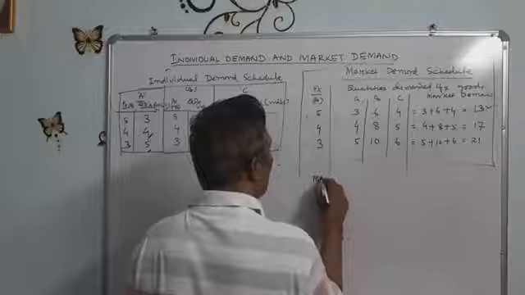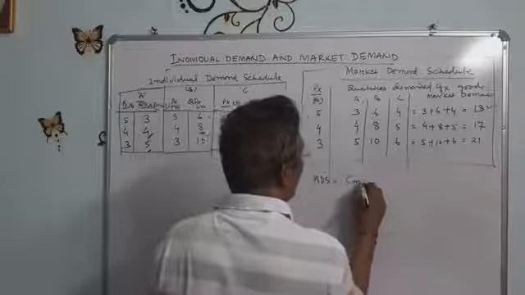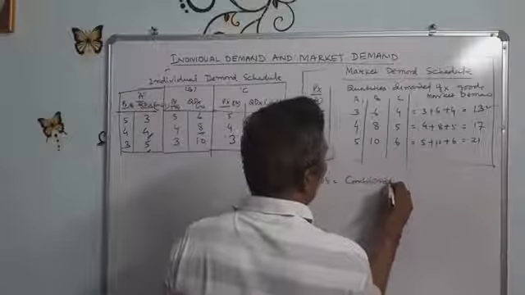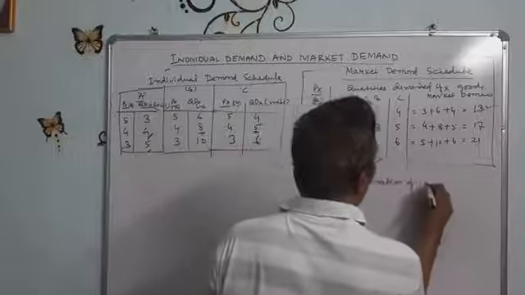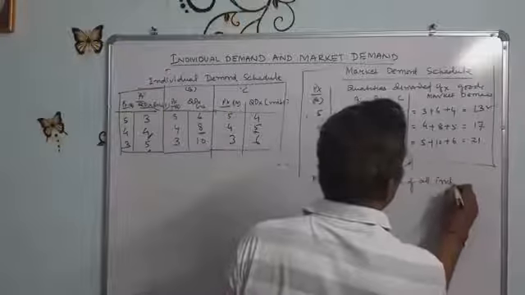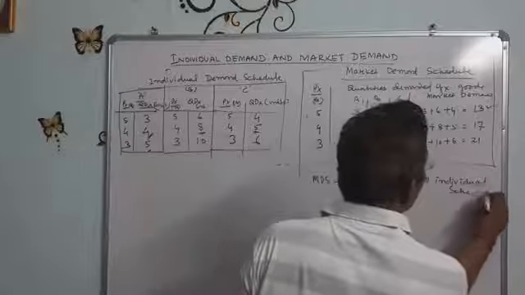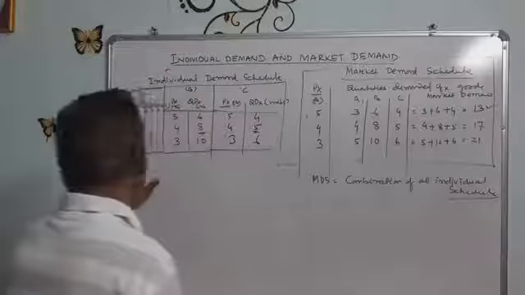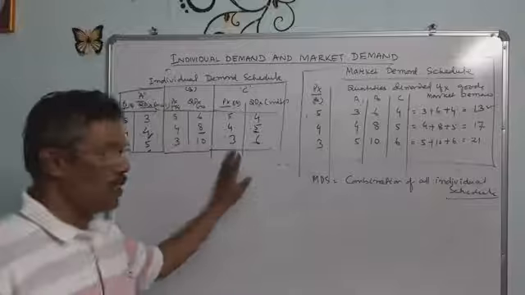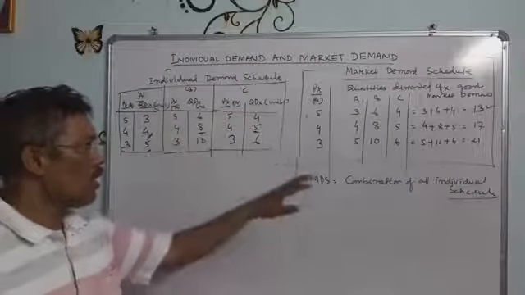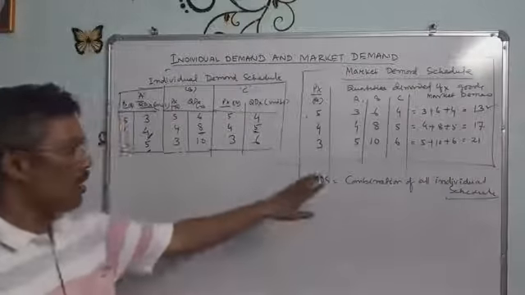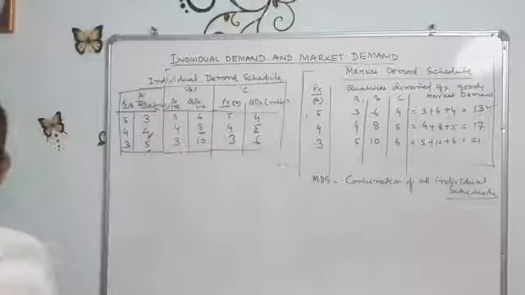Market demand schedule is the combination of all individual schedules: A schedule, B schedule, C schedule. This is the combination of the three individual schedules A, B, C. This is called the market demand schedule.